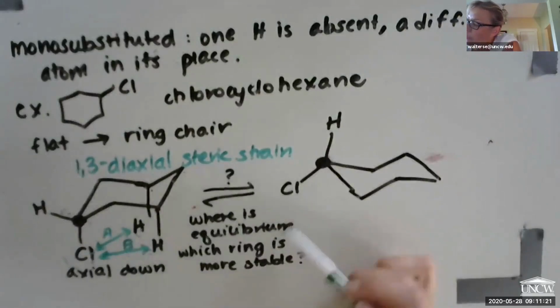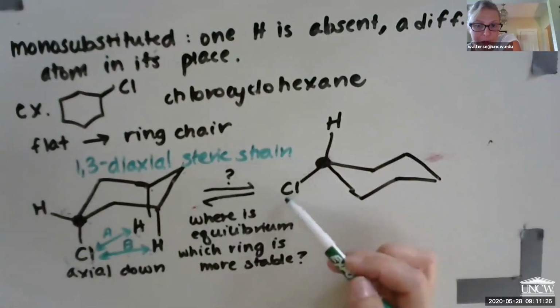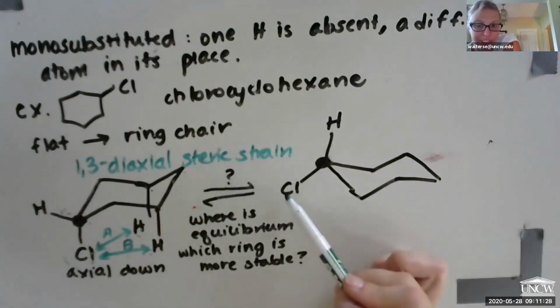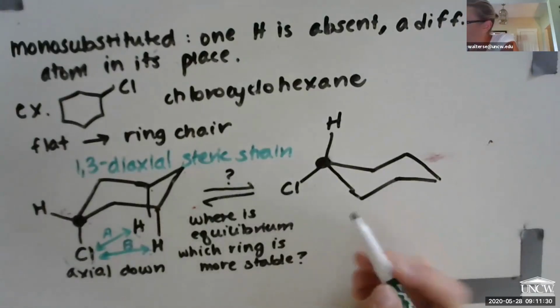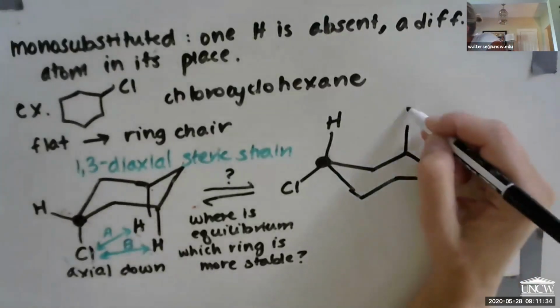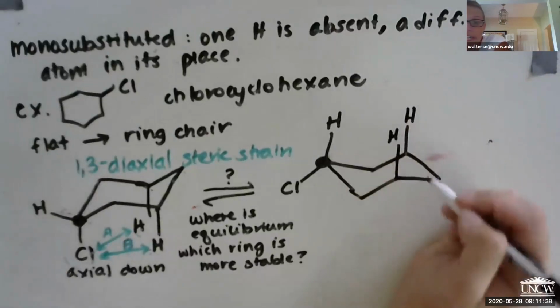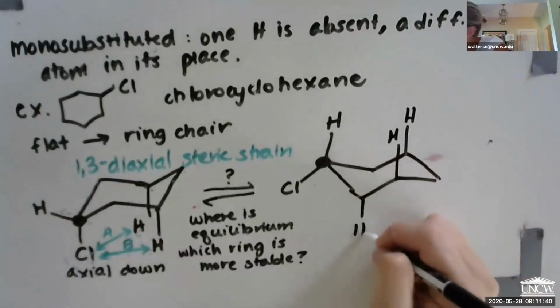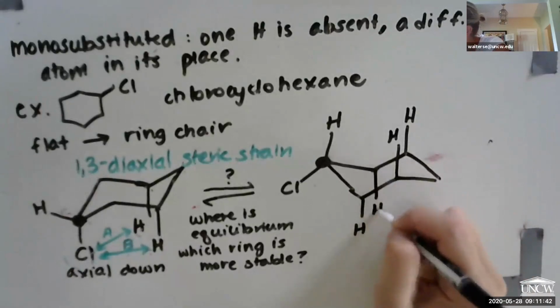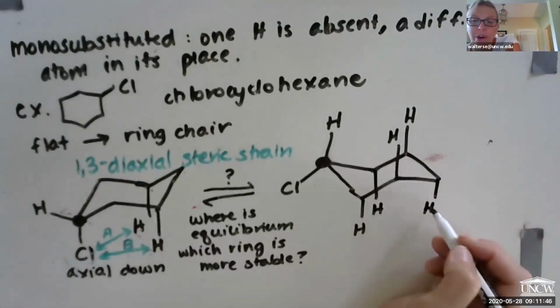Okay, so when you have the ring flip, the chlorine goes out of the axial position and into the equatorial position. Now the only groups interacting are hydrogens in axial positions, both on the top and on the bottom. These hydrogens are so small they don't have this steric strain.